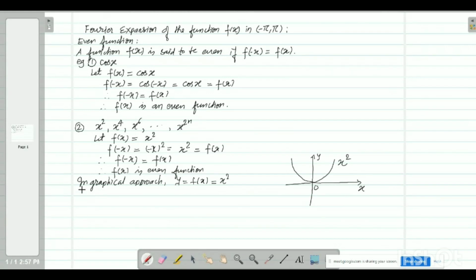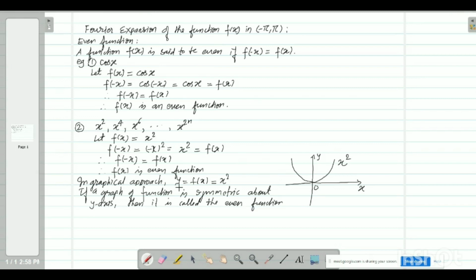If the graph of a function is symmetric about the y-axis, then it is called an even function.